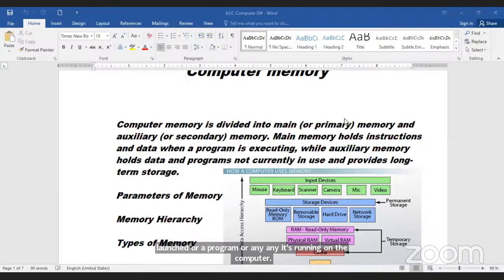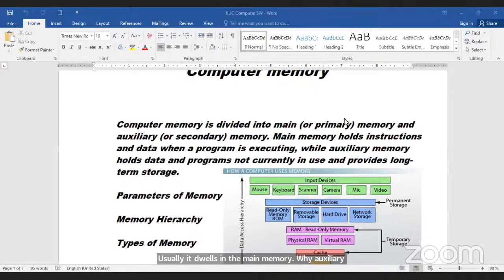While auxiliary or secondary memory holds data and programs permanently. These are programs installed or data that has been saved in the computer, usually stored permanently in the secondary memory. So secondary memory provides long-term storage, while main memory provides short-term memory.